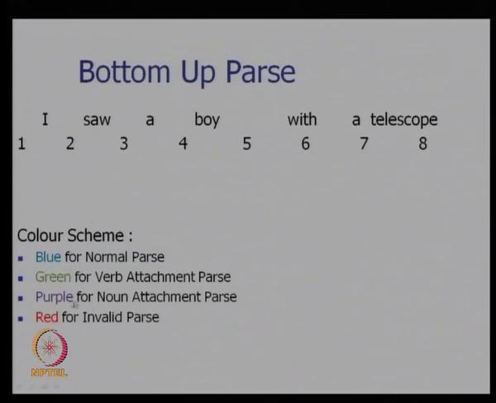Since there are ambiguous situations and multiple parse trees are possible, we follow this color convention: blue for normal parse, green for verb attachment parse, purple for noun attachment parse, and red for invalid parse.